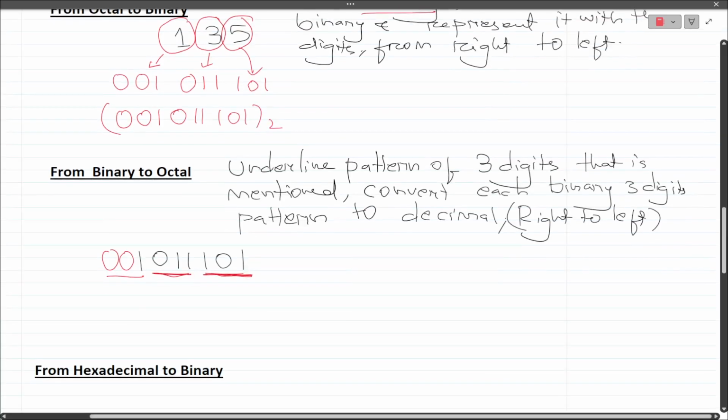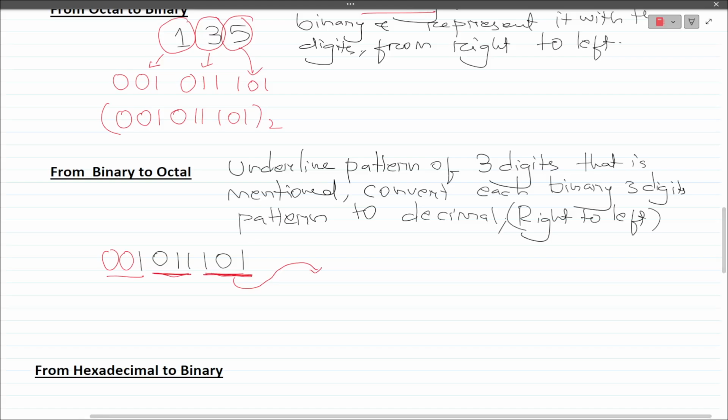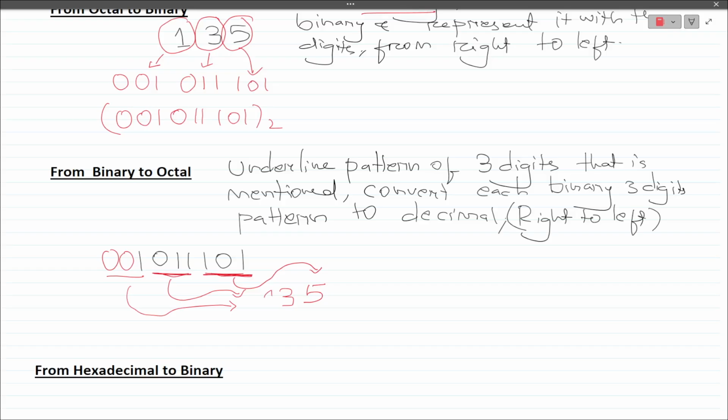Now let me convert it to decimal. As I have already told you how to convert binary to decimal, if you follow the same sequence, you will get that 101 is nothing but 5. And if I take 011, the answer is 3. If I take 001, the answer is 1. See, it's done. Now I will put parentheses and write 8 at the base.